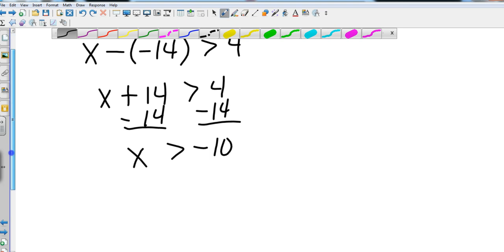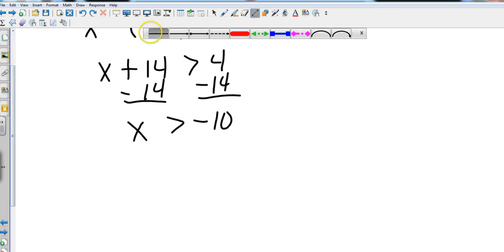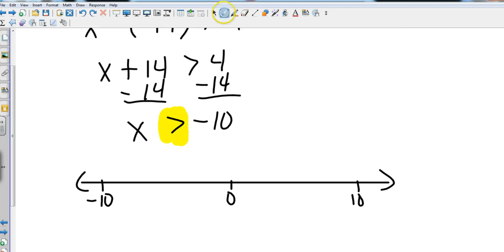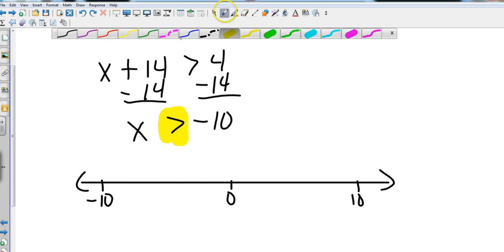And so if I put that on a number line, I've got my 0 in the middle, I've got my 10, negative 10, and because we have just greater than, that's going to be an open circle. And that open circle on the outside, and I'm going to go greater than, which will again be to the right.